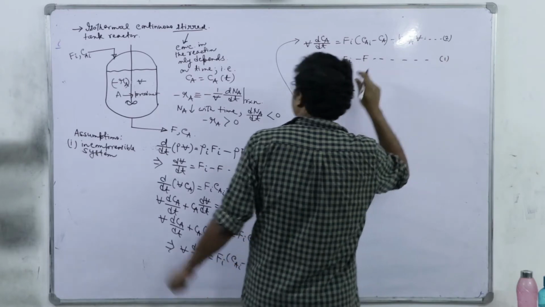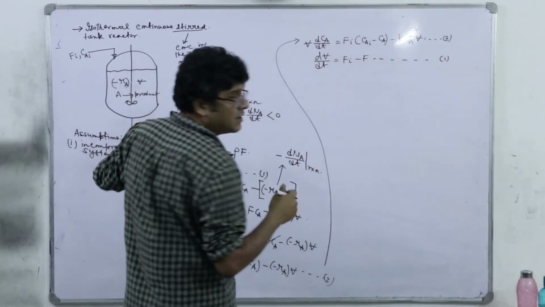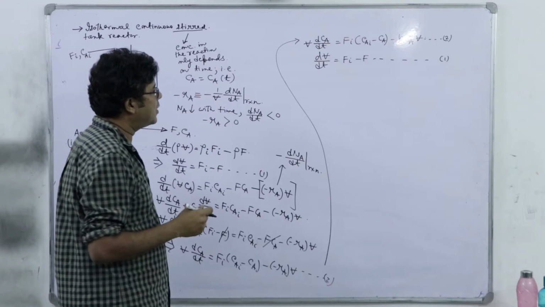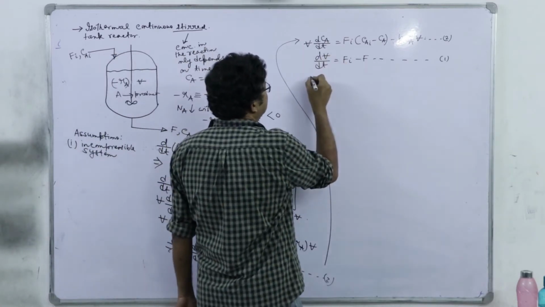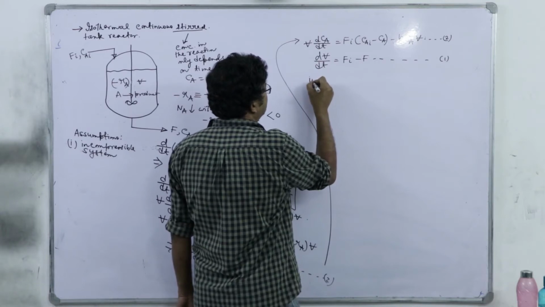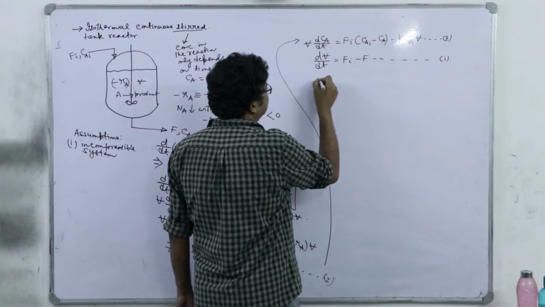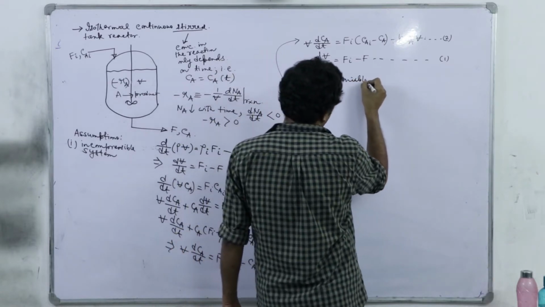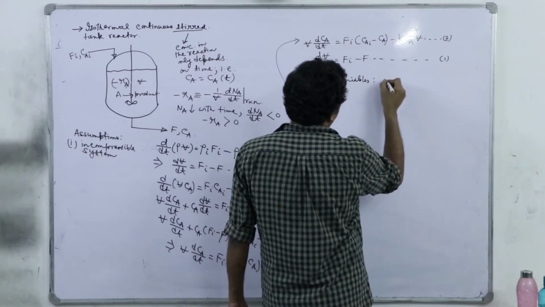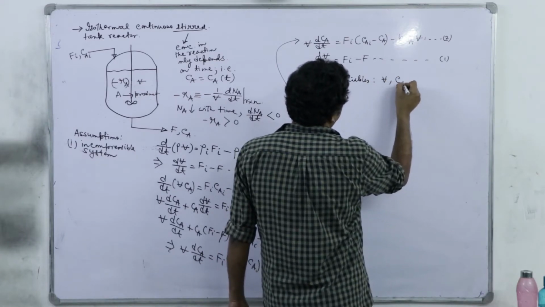We are not writing the rate law for F because the relation is expected to be complicated. So, with that, the state variables, we are not thinking about the control objective right now, are V and CA.